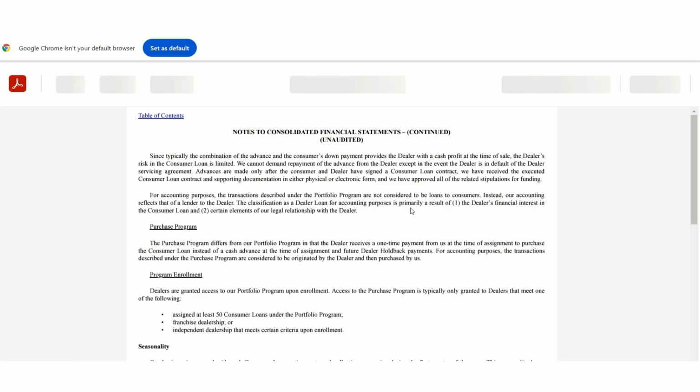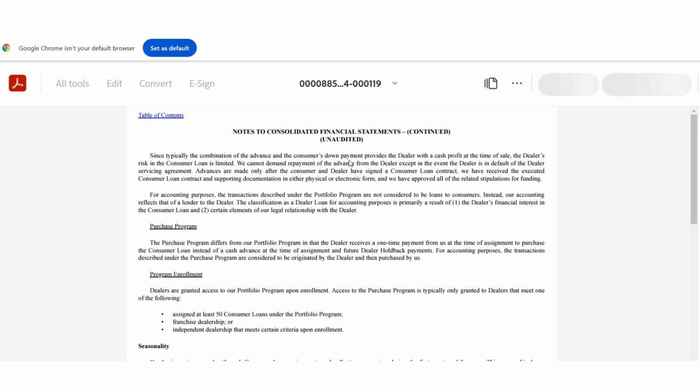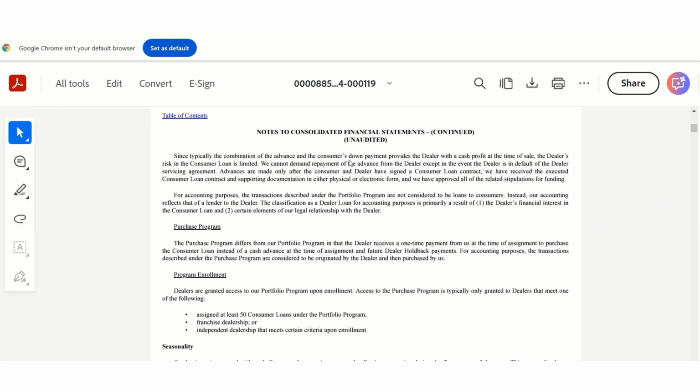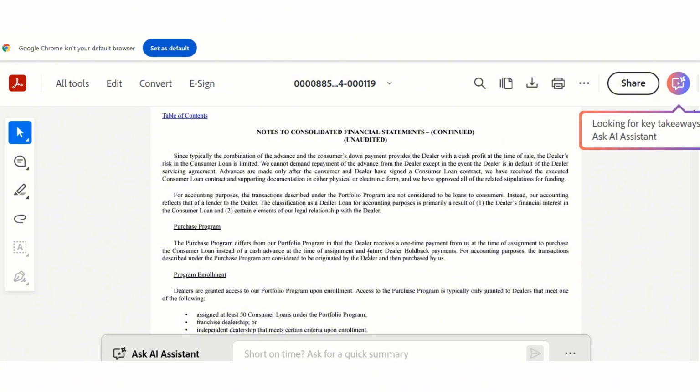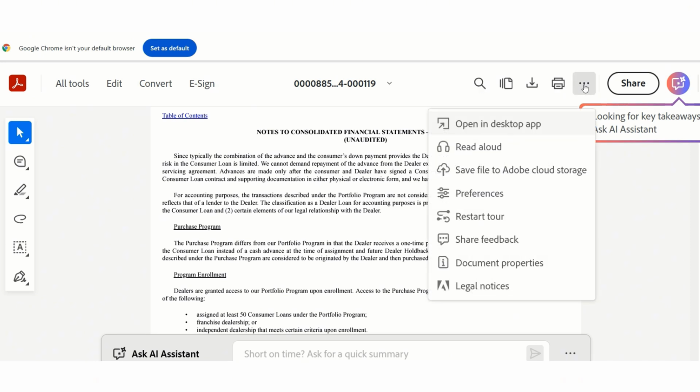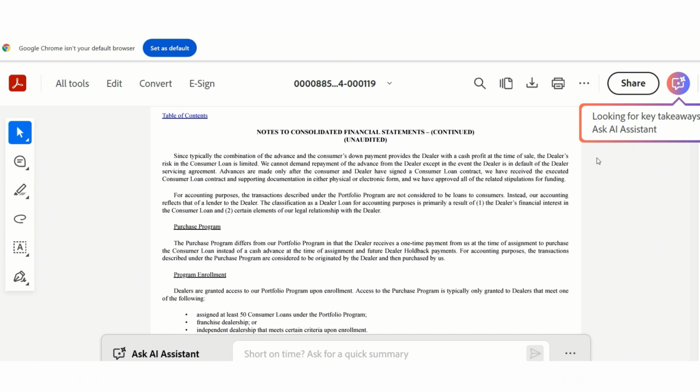All right, here we go, right here. Let it load. I think it's still loading. All right, there we go. Bang, right? Now let me see if I could zoom this in a little.